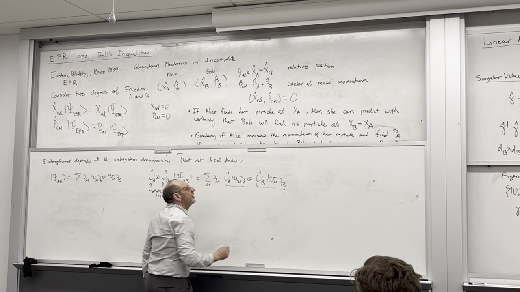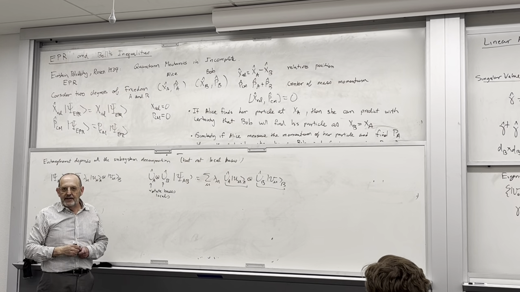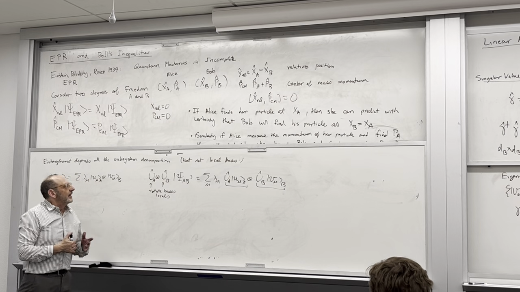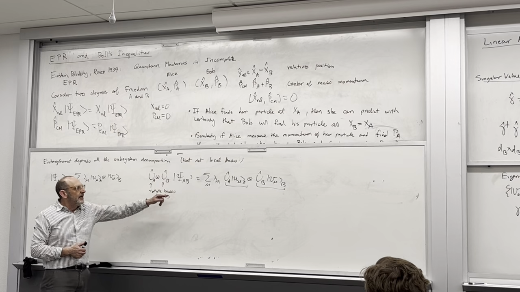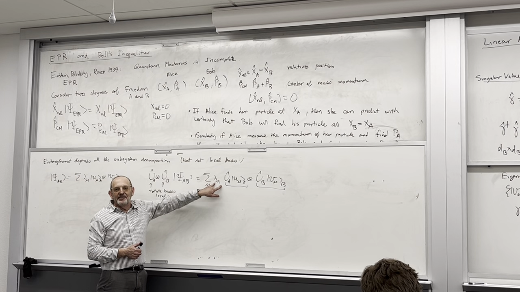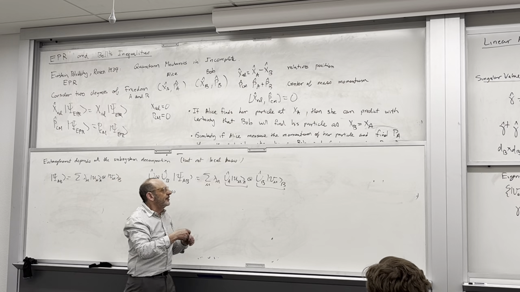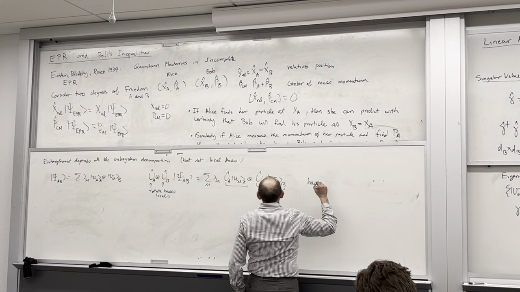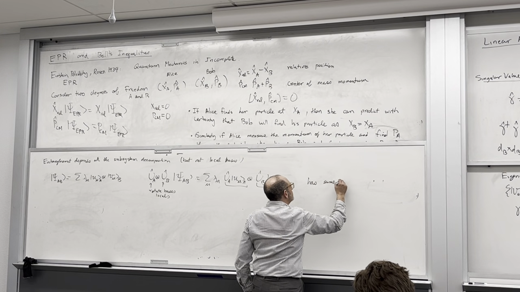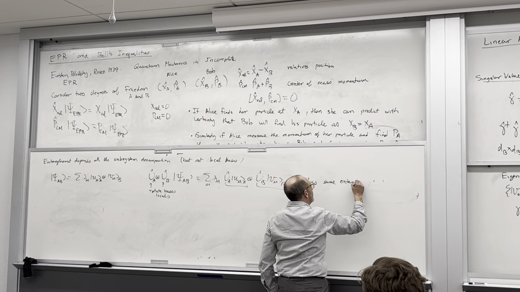This is just a new set of vectors. I can always do that. The entanglement is unchanged, right? Because the entanglement is determined only by the singular values. So this has the same entanglement as the original state.